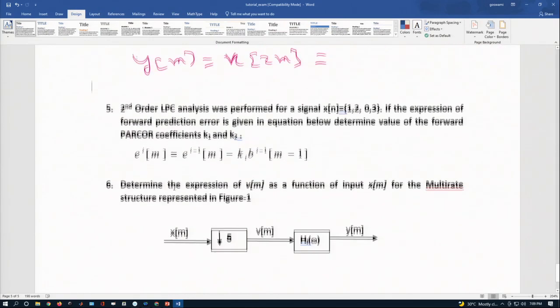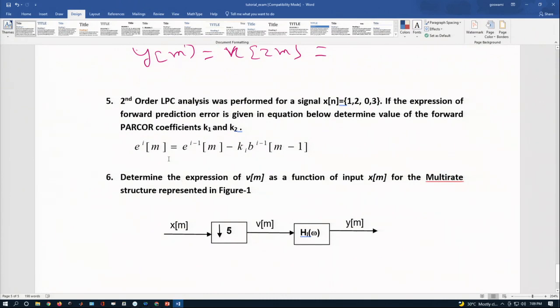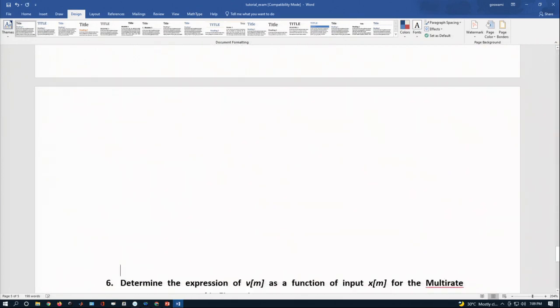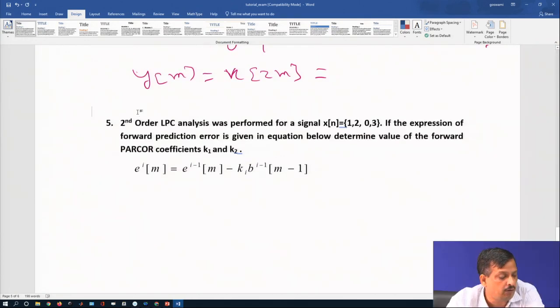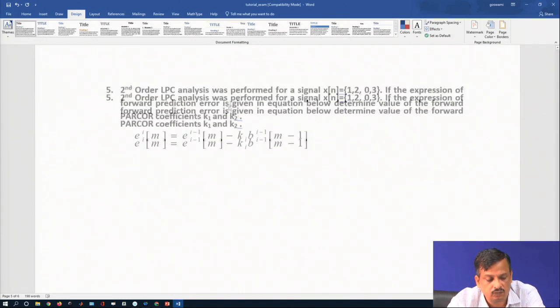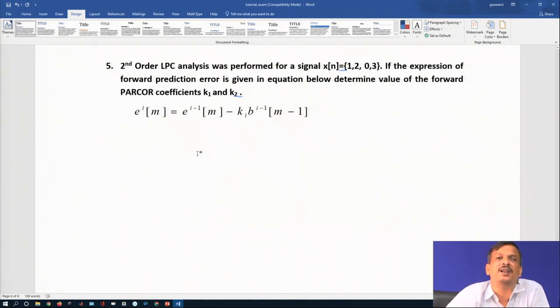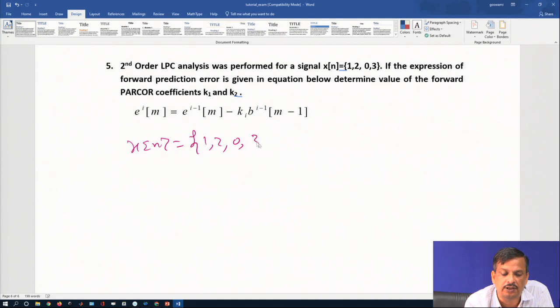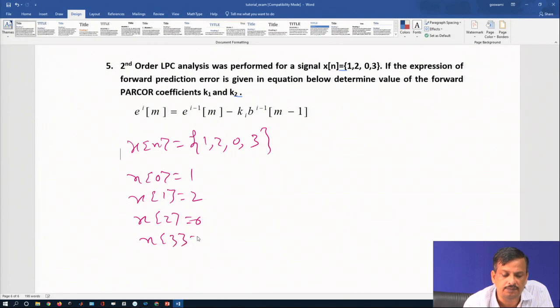Okay. Similarly, question number 5. This is a good question, and you can see that this requires a lot of calculation. That is why I go to that page first, then I do it. Second order LPC analysis was performed using a signal x[n] given as 1, 2, 0, 3. That means x[0] is equal to 1, x[1] is equal to 2, x[2] is equal to 0, and x[3] is equal to 3.